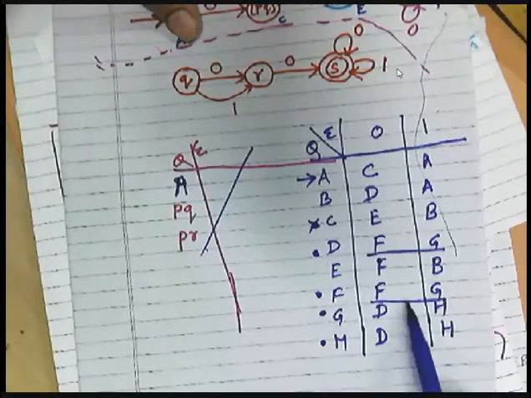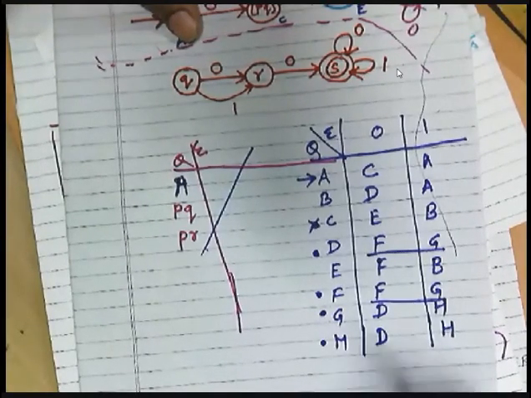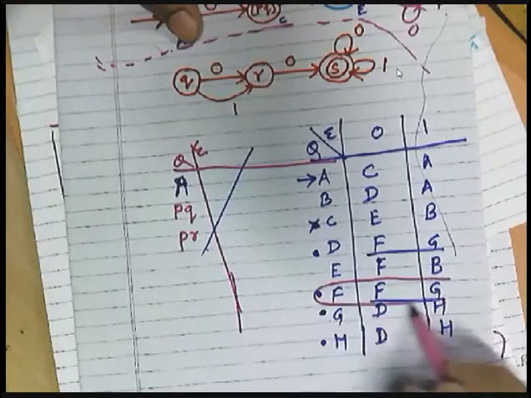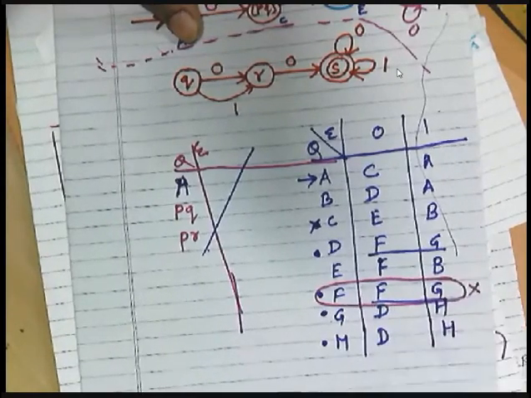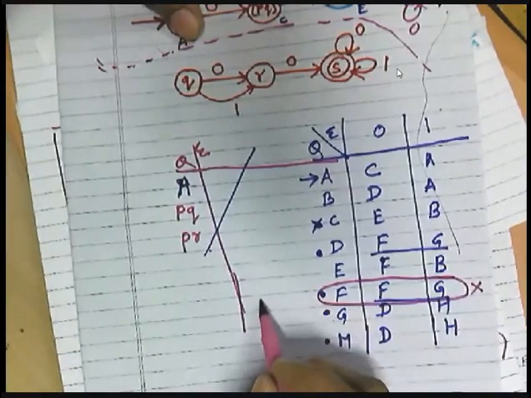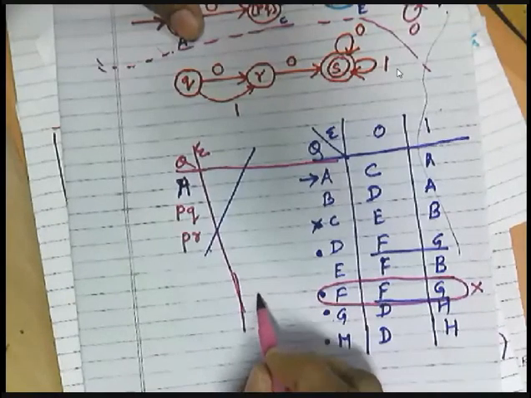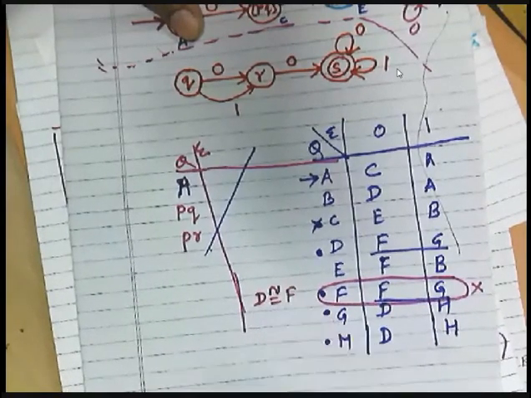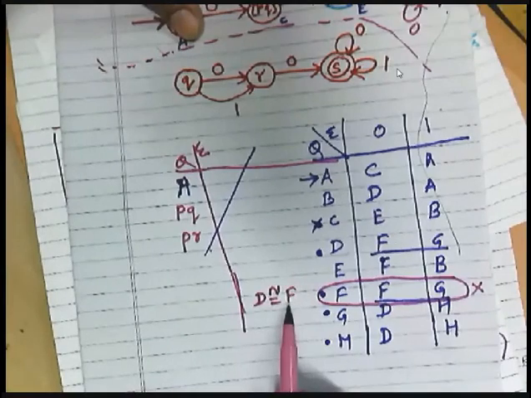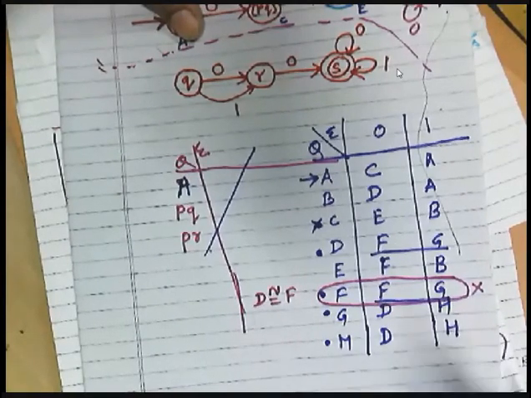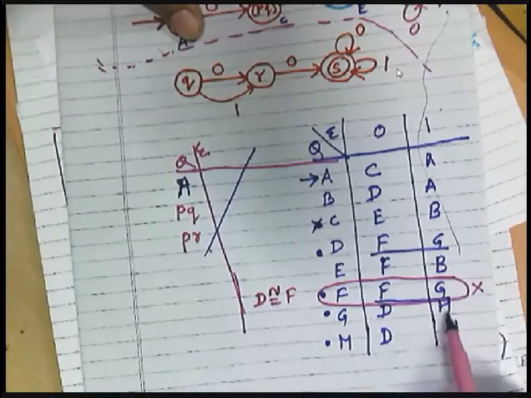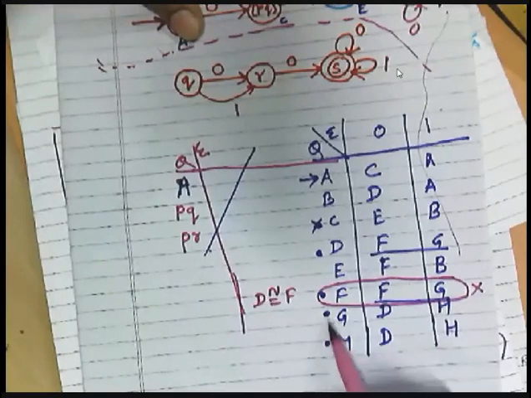So we can discard one of the states. After discarding, since this is repeating, we can discard this, and write that D is equivalent to F. So wherever F appears, we need to replace it by D. Next, DH. Yes, DH is also available and both are final states.